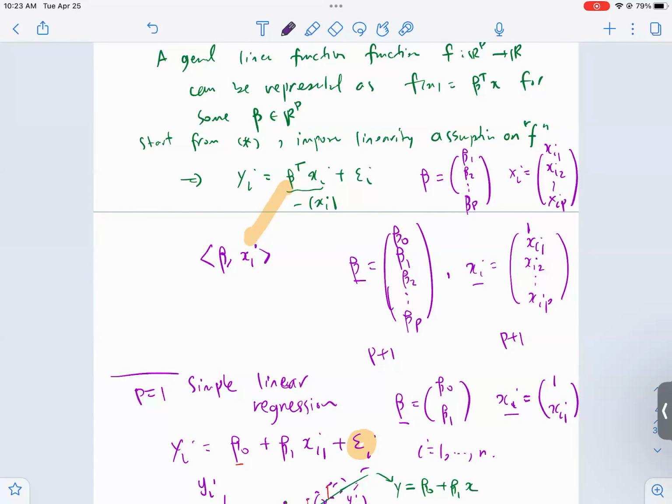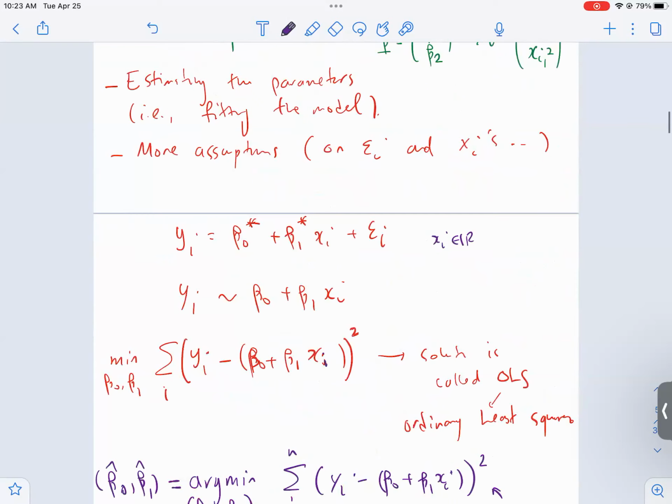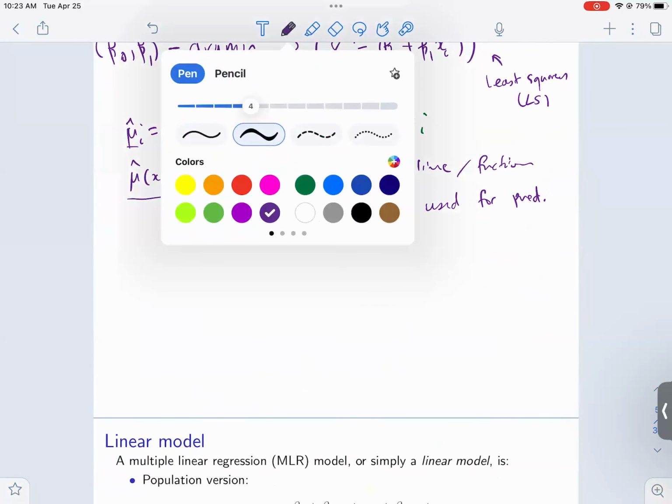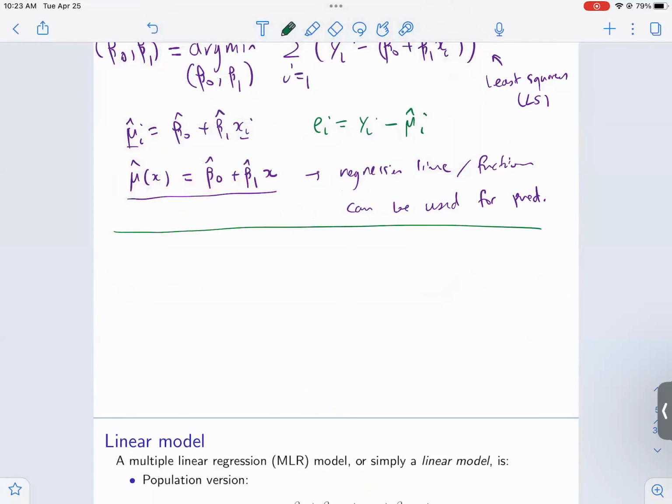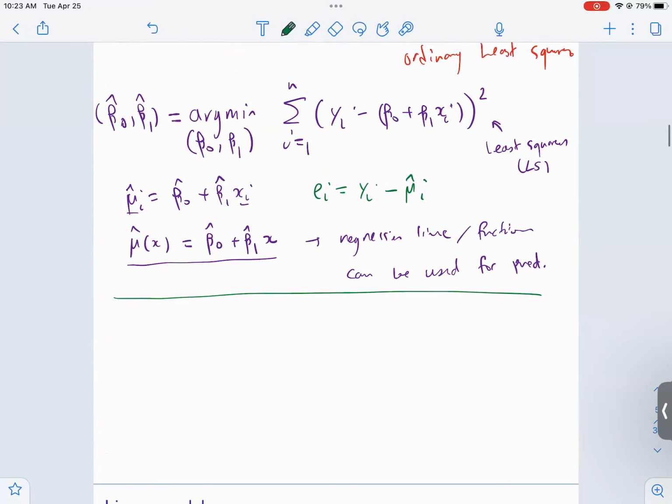Yes. Sum it up for all the questions. Okay, great. So that's one way of doing it. So how to generalize to P bigger than 1?